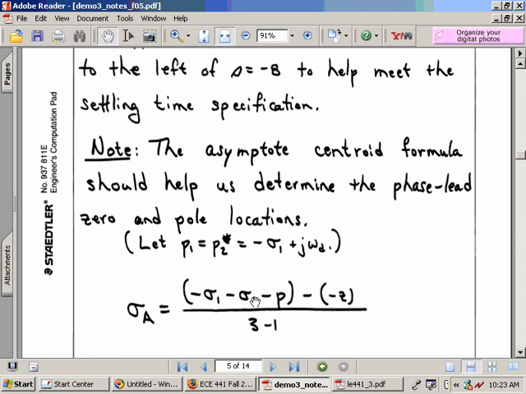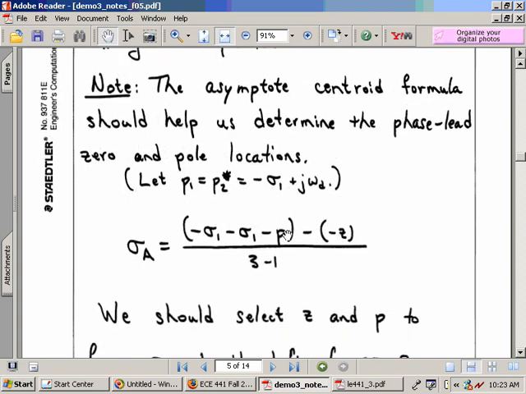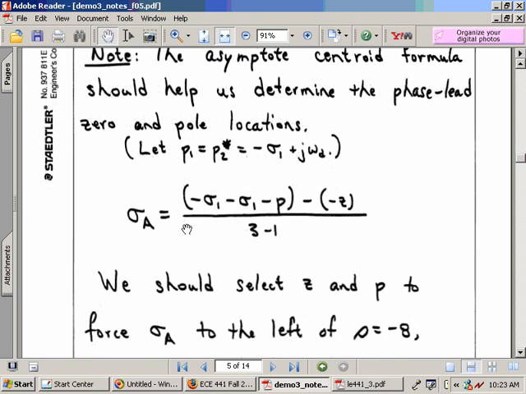We know sigma 1, which is the real part of our complex roots of the open loop system. Z is our controller's zero and P is the controller's pole. What we're trying to do is determine those so that our centroid, or the asymptotes, are far enough into the left half plane to allow our closed loop poles to live left of s equal -8.